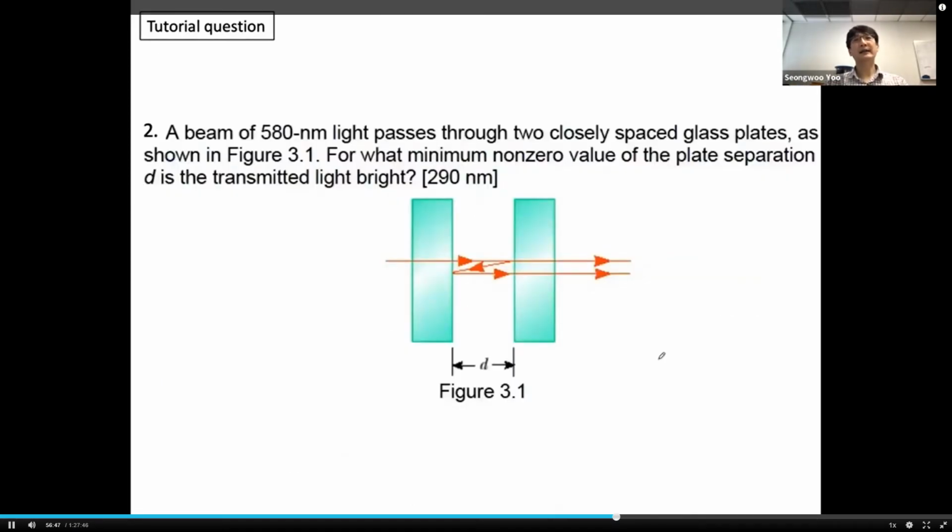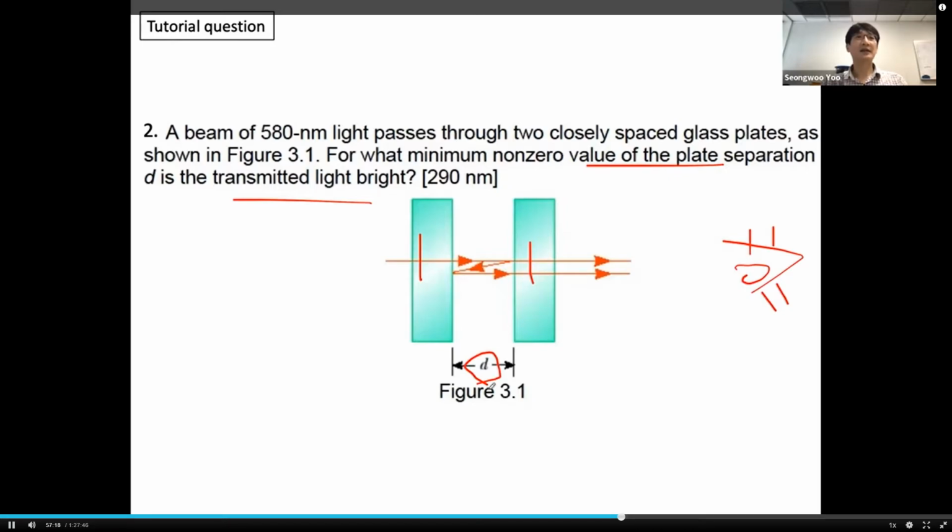Now, I would like to show you this tutorial question. A beam of 500 nanometer light passes through two closely spaced glass plates. For what minimum non-zero value of the plate separation D is the transmitted light bright? Let's assume that we have two glass plates, and we see these two glass plates from this direction.